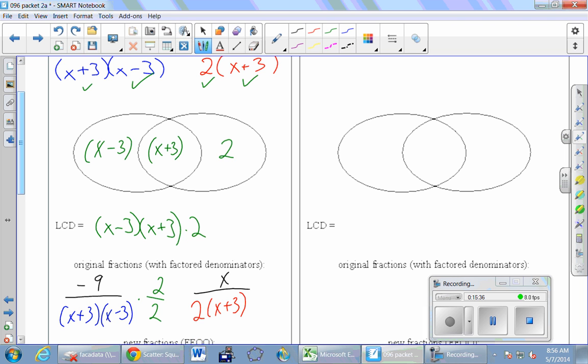Looking at red, trying to make it green. What's missing? X minus 3 in parentheses, top and bottom. Any questions on that step where we bring in the missing piece?